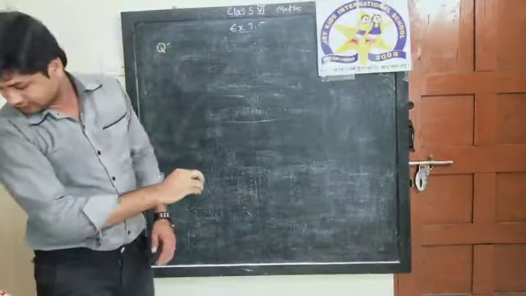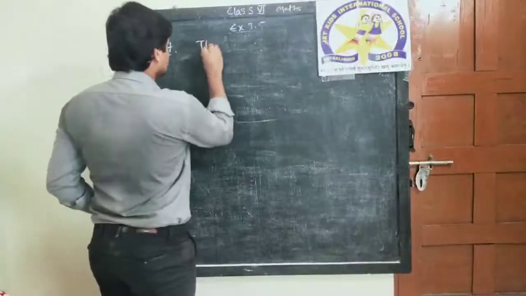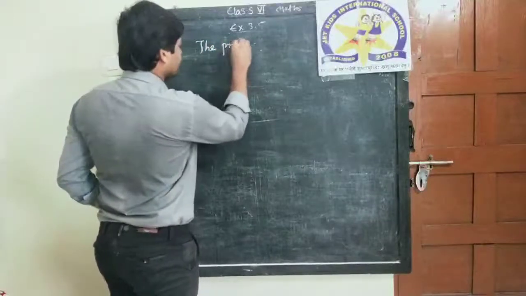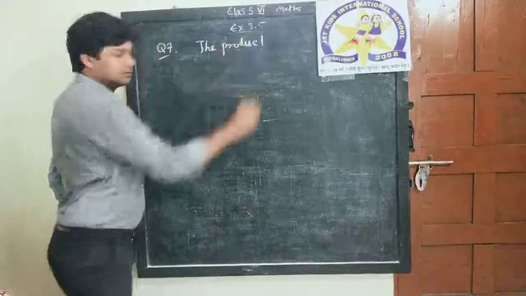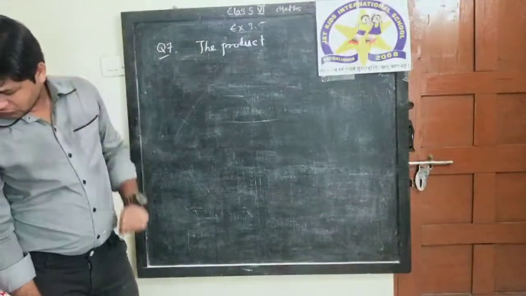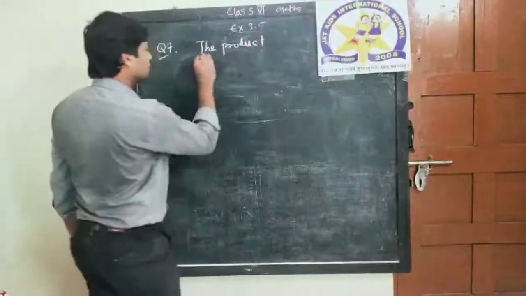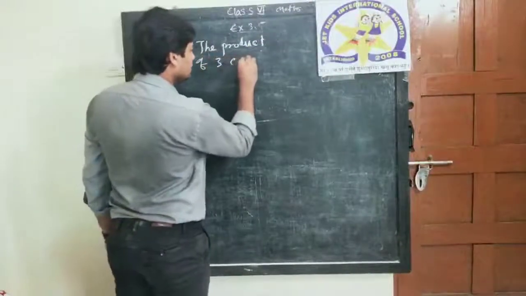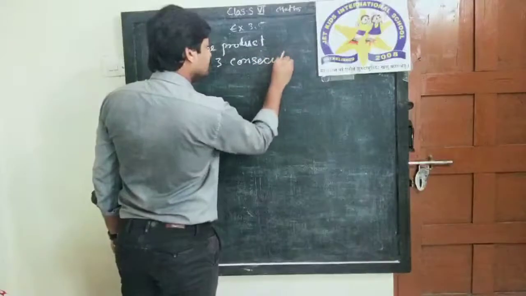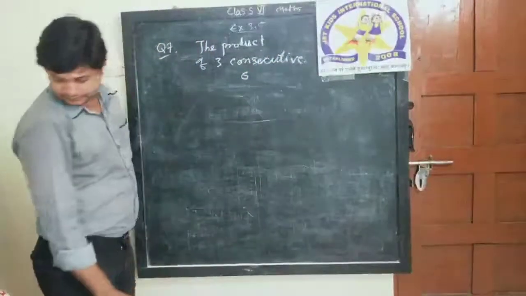Question number 7. The product of three consecutive numbers is always divisible by 6, right?